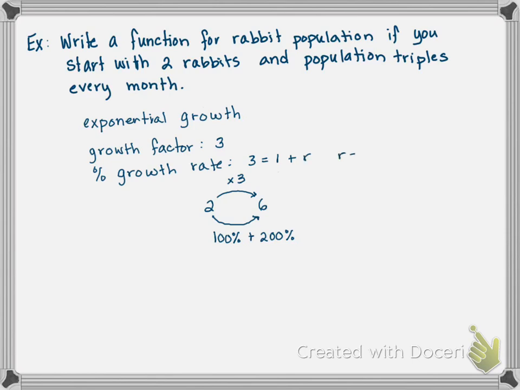So here my growth rate is 2. Be really careful when you're writing functions if they're giving you the percent change or if they're actually giving you the number that you multiply by to get the next value. So here they gave us the number that we have to multiply by, right? If we're tripling, we actually multiply by 3, which is different than saying that we're increasing by 300%. Okay, sorry, we went a little over.